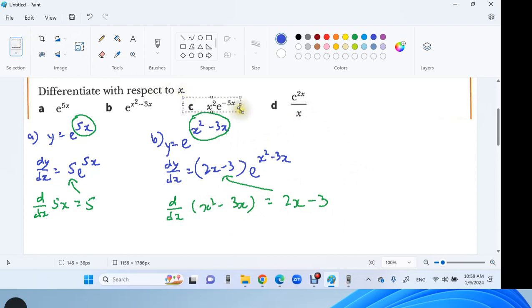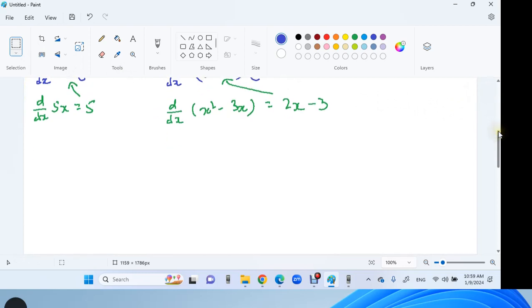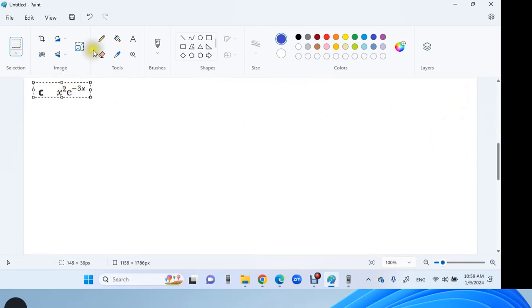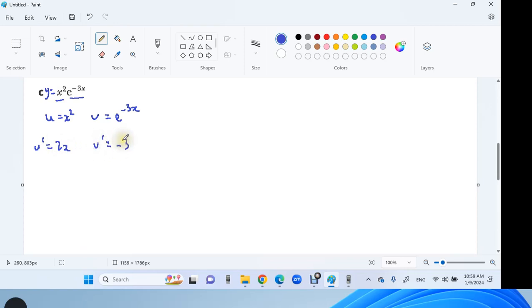Next, for c, we have this. We want to find the differentiation for this one. We have y equal to this. This is uv, so we have u and v. The u is equal to x squared, the v is e to the power negative 3x. Then u prime is 2x, and v prime is negative 3e to the power negative 3x.